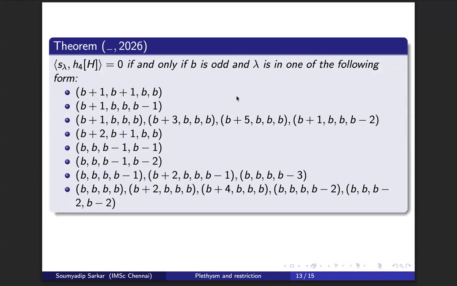So the main idea is that there is this coproduct in the ring of symmetric functions. By using that coproduct, I expand this H plethysm H. And from there, a great deal of information can be churned out.